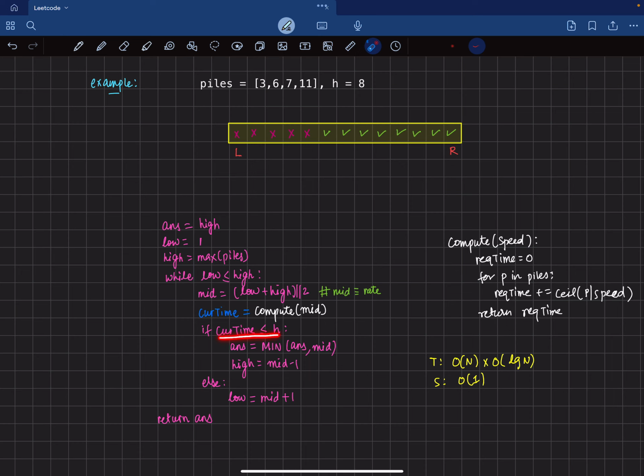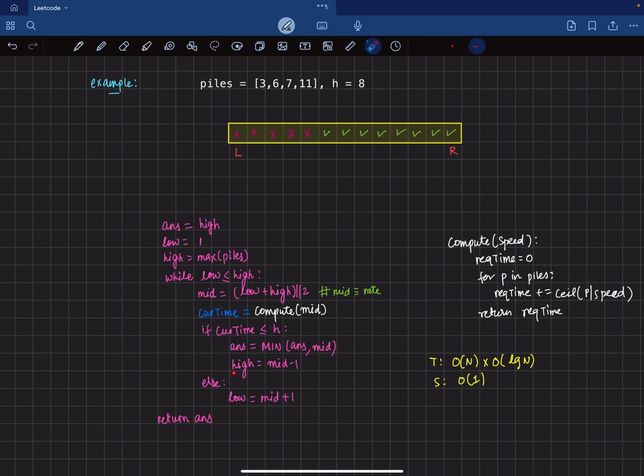Okay. And if this statement succeeds, it means standing over here, we were able to finish eating all the bananas, and we still have a chance that a smaller speed on the left of it will accomplish the same task of eating the bananas within H hours.